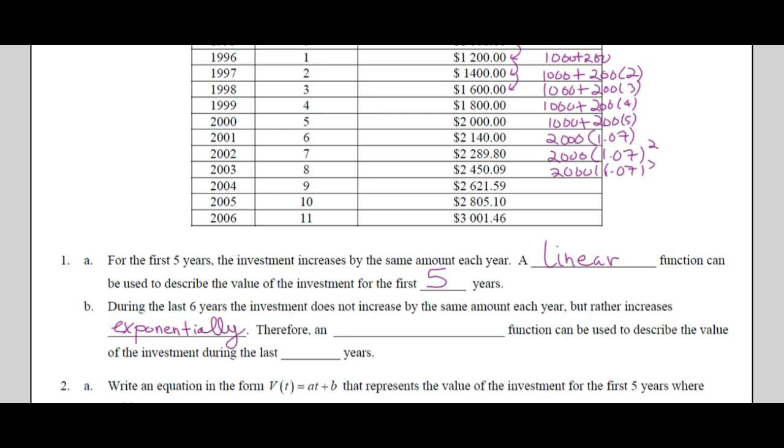Therefore, what kind of function can be used to describe exponentially increasing? Exponential, good. Yeah, you want to give it away by saying exponential. So therefore, an exponential function can be used to describe the value of the investment during the last 11 minus 5, 6 years.